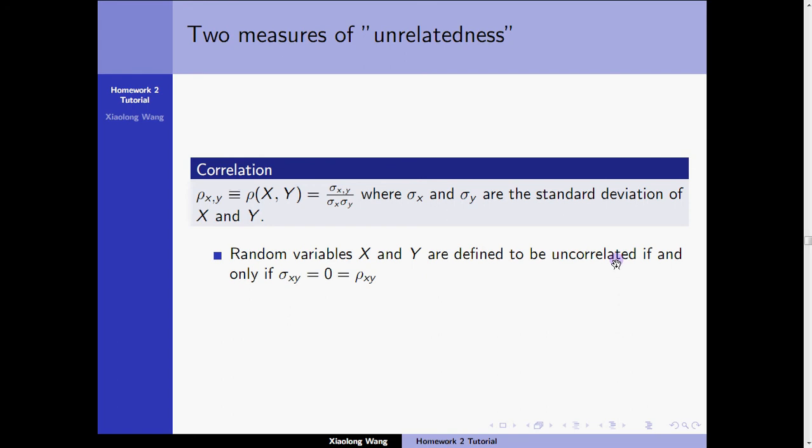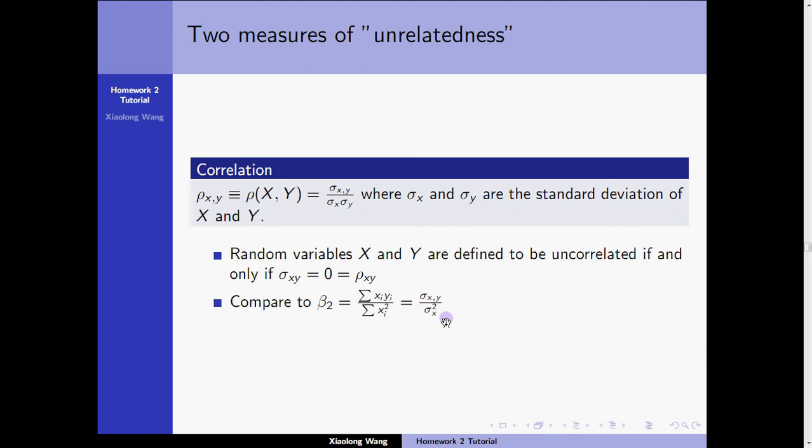In particular, suppose we have x and y, and we run a regression of y on x. We know from the coefficient formula that beta 2 equals the covariance of x and y divided by the variance of x.